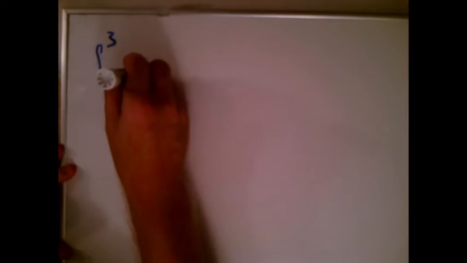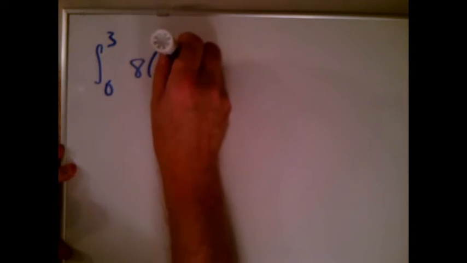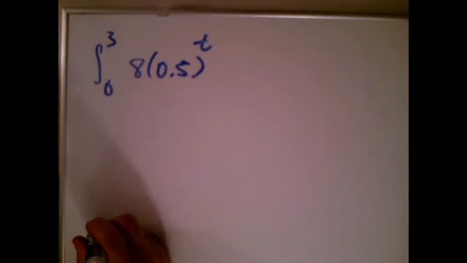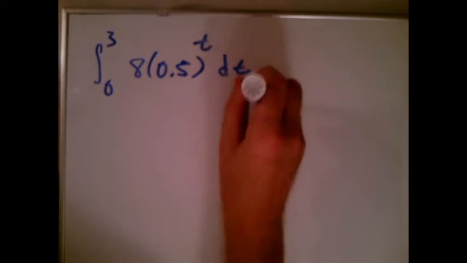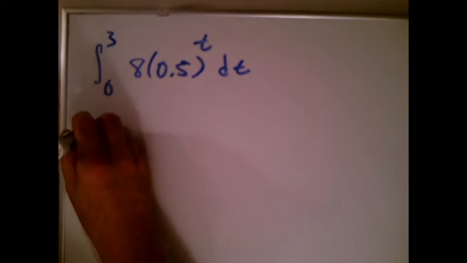Yes, we were estimating the area under the rate graph of 8 times 0.5 to the t, dt. And I'm going to use this twice.